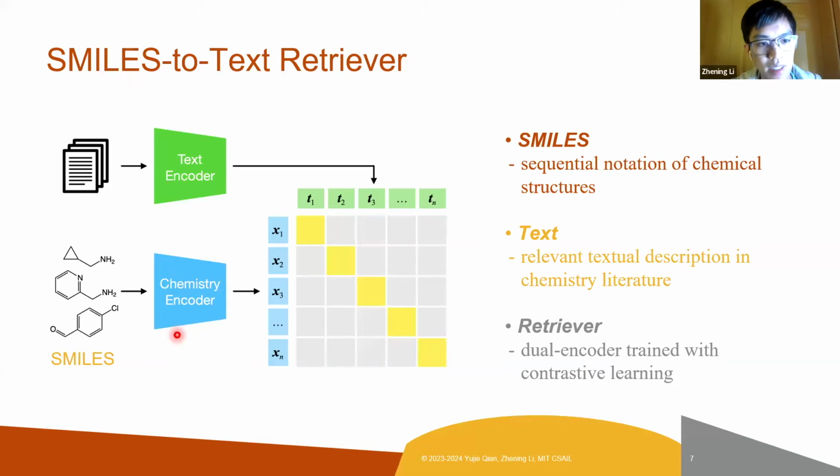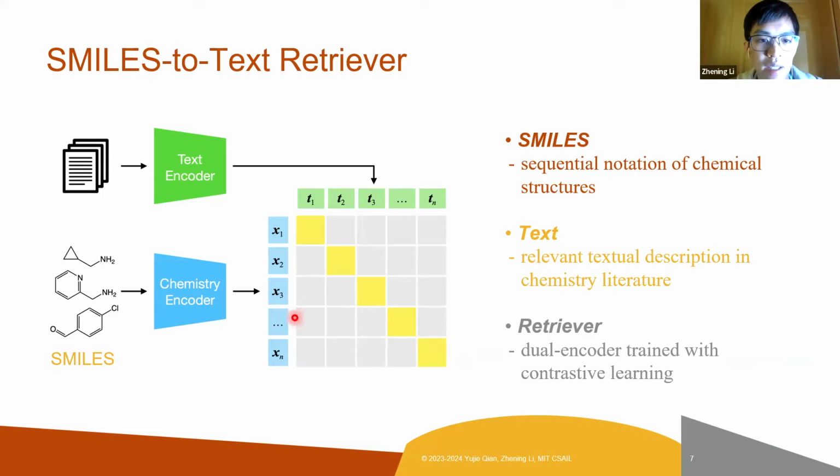The chemistry encoder takes as input some chemistry, which could be a reaction or a molecule in the form of a SMILES string. Here, the SMILES string is just a standardized way of writing a molecule or reaction in a string format. The chemistry encoder encodes the SMILES string into an embedding X_i as well.